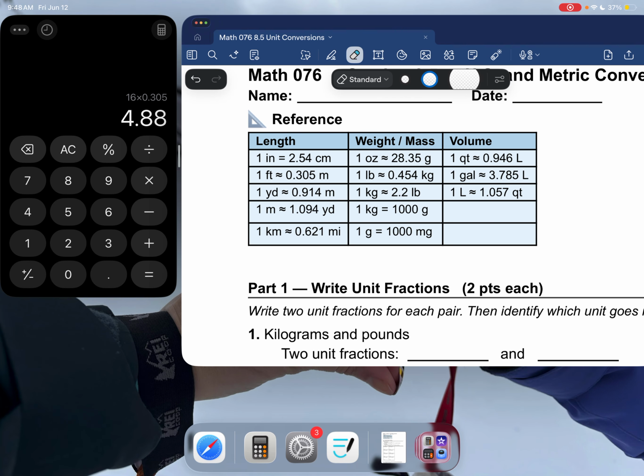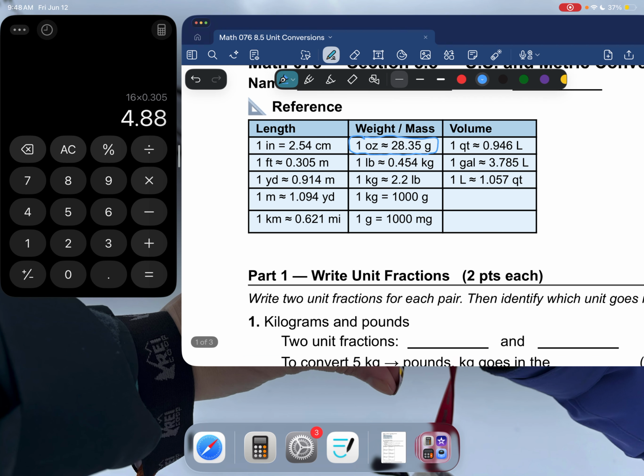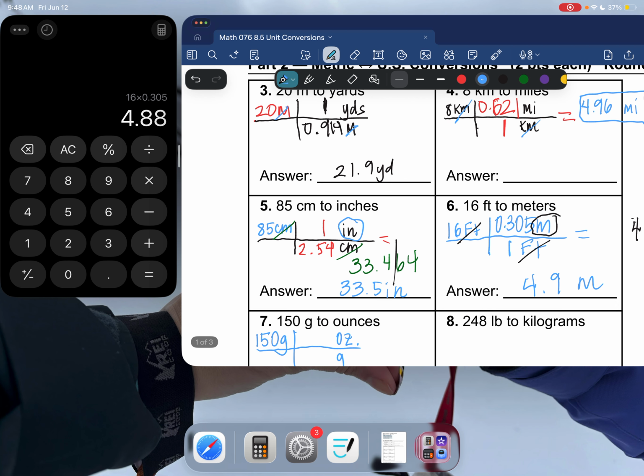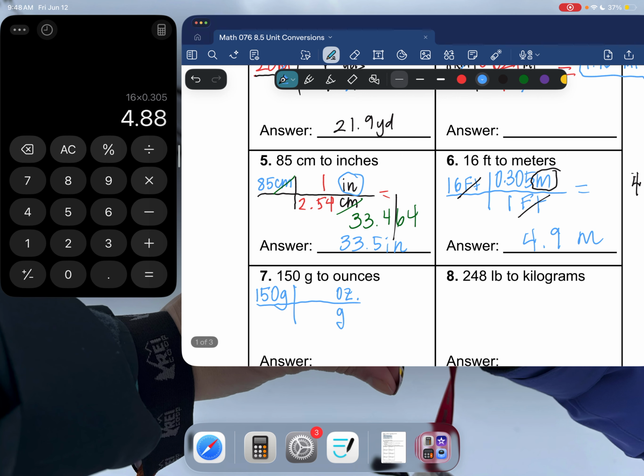I am looking for ounces to grams. Here we go. 1 ounce equals 28.35. Okay, 28.35 goes in front of grams. And then 1 ounce. My grams cancel, and I'm left with ounces, which is good. And now I'm going to multiply out.